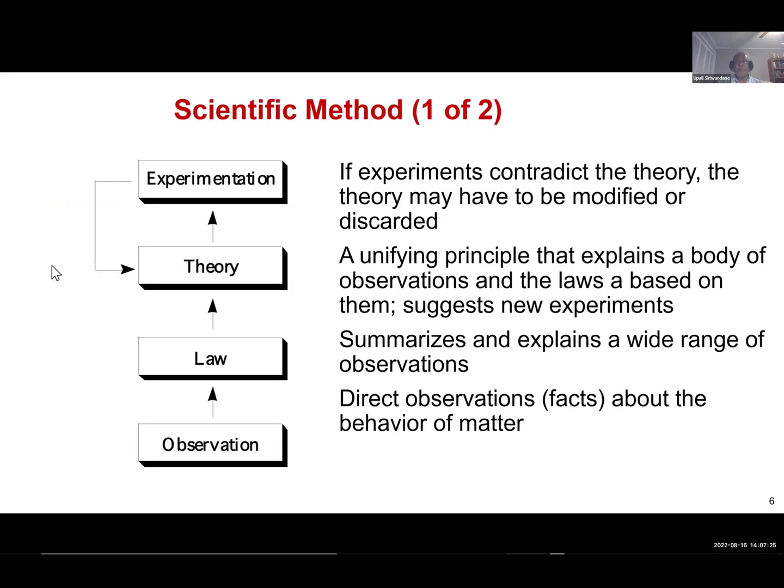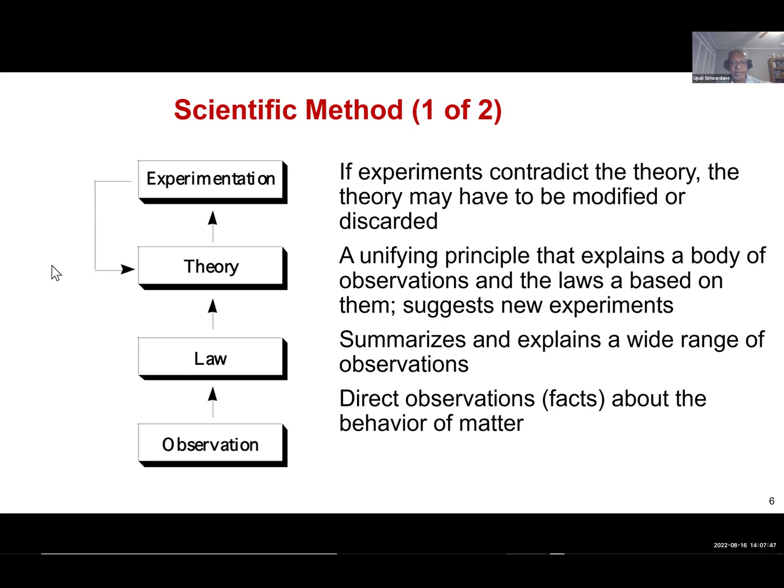Now we're going to talk about the scientific method. Observation is the first step in the scientific method. When you see something has changed, you are curious about it. You try to look at the change.